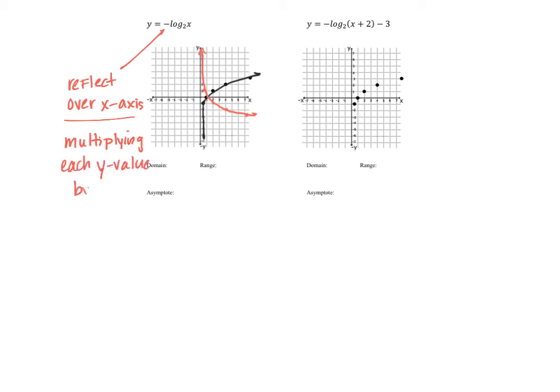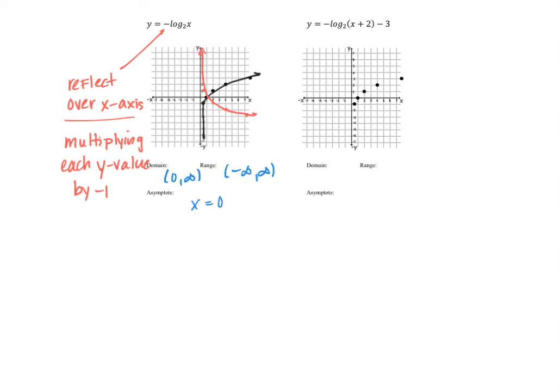The domain is going to be from 0 to positive infinity. My range is negative infinity to positive infinity. There is no horizontal shift, so my asymptote is going to stay at x equals 0.